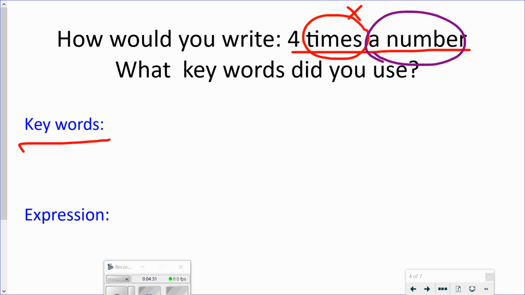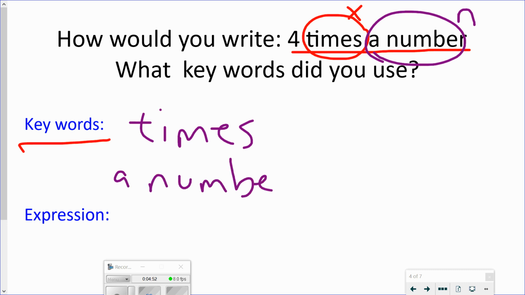What number? I don't know. So I'm going to give it a variable. In this case, I'm going to give it the variable n. So now I know my keywords are times, right? That's going to tell me what operation I'm using. And a number is going to let me know where my variable is going to go.